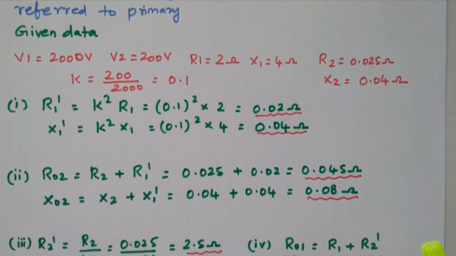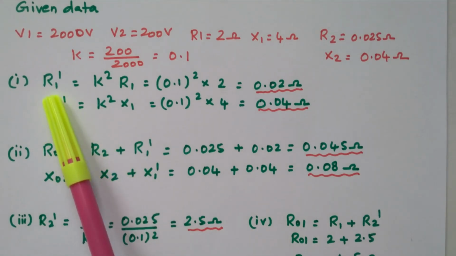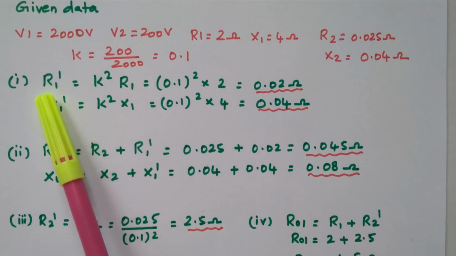Now we'll go to the first one. The first one is the equivalent resistance and reactance of the primary winding referred to the secondary, R1 dash and X1 dash. R1 is the resistance of the primary, R1 dash means it is transferred to the secondary side.